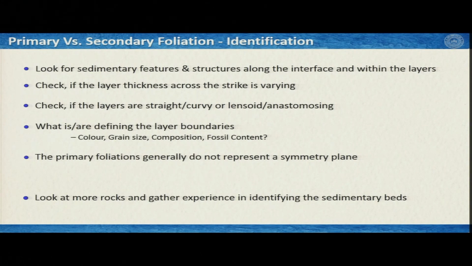So, here is a summary of how to differentiate or how to identify secondary and primary foliations in the field. First of all, it is something that one should always think about when they go to the field: what is the primary foliation and what is the secondary foliation, how they are oriented and so on.